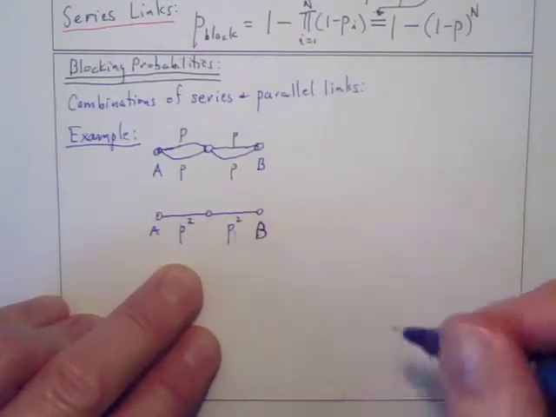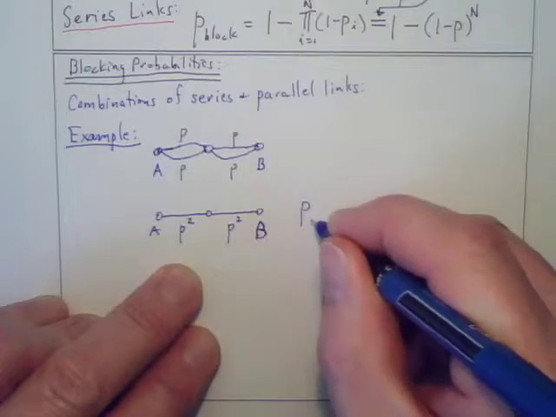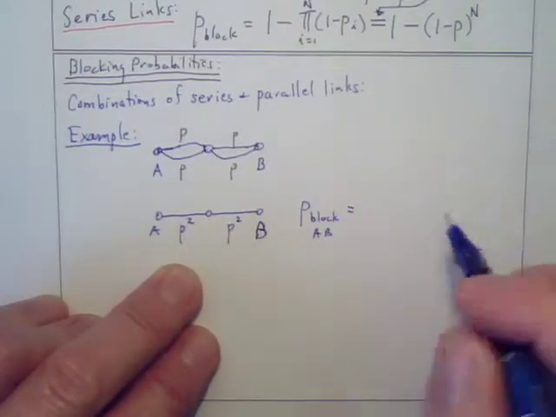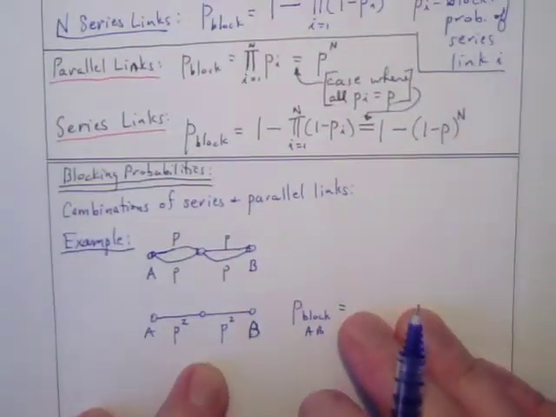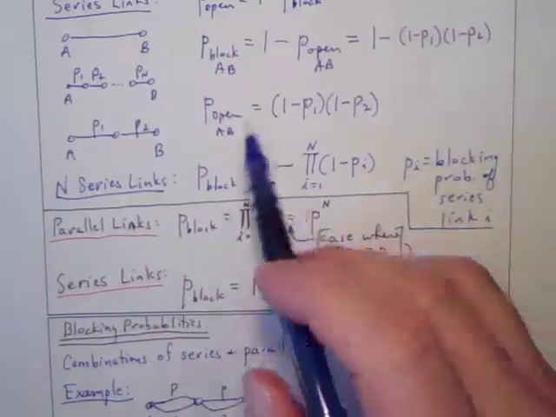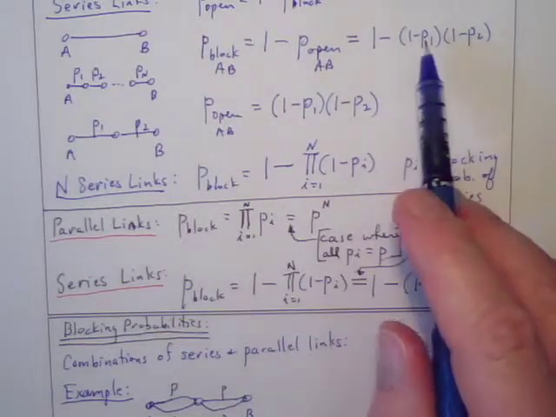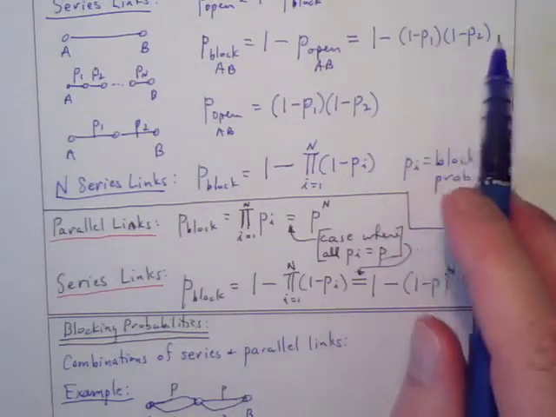and we know each of their probabilities, and so now we can write P block from A to B is equal to, well, when I have two links in series, the blocking probability is 1 minus the product of the 1 minus the p's.